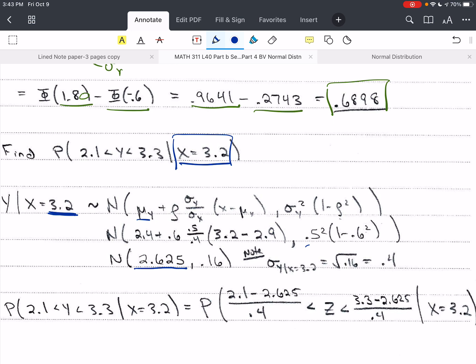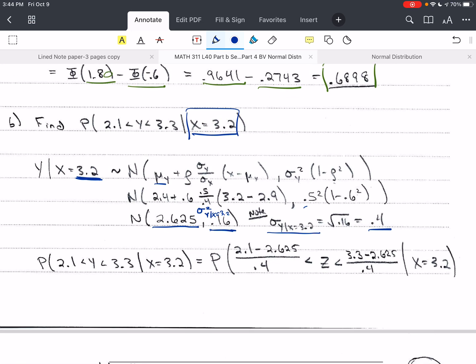All right. And so when I work this out, I get 2.625 and 0.16. I also want to point out that if I want sigma of y given x equals 3.2, I take the square root of sigma squared of y given x equals 3.2. The square root of this is 0.4, so it's a nice number.